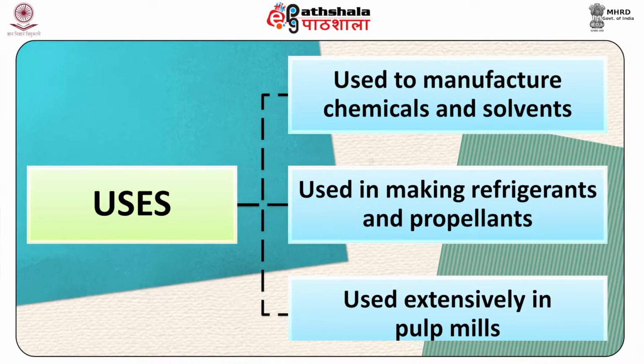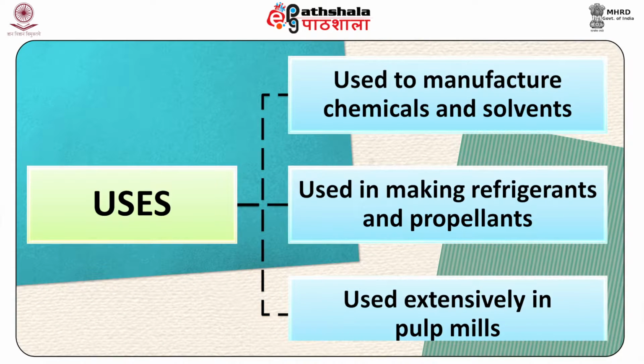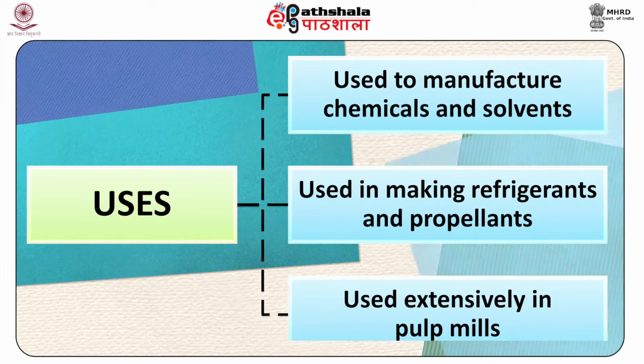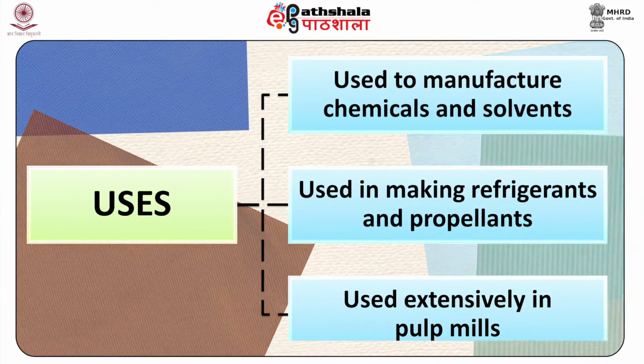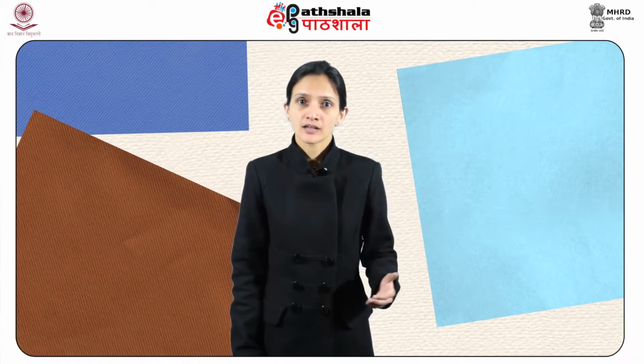It is used extensively in pulp mills, where wood chips are processed into pulp as part of the paper manufacturing process. Chlorine is also employed in purifying drinking and swimming water, for sanitation of industrial and sewage wastes and other disinfecting uses. It has been used as a poisonous gas for military purposes under the name bertholite.